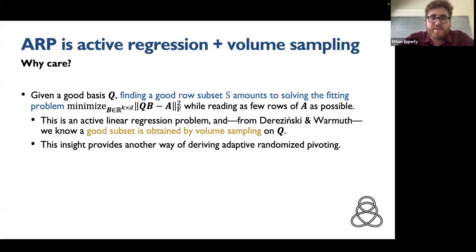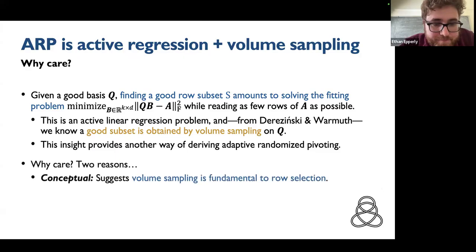So a lot of ideas here, but the big idea is that this adaptive randomized pivoting algorithm can just be seen as an instance of using this active linear regression plus volume sampling paradigm from Derezinski and Warmuth.